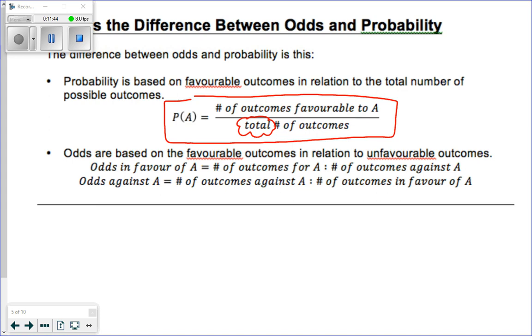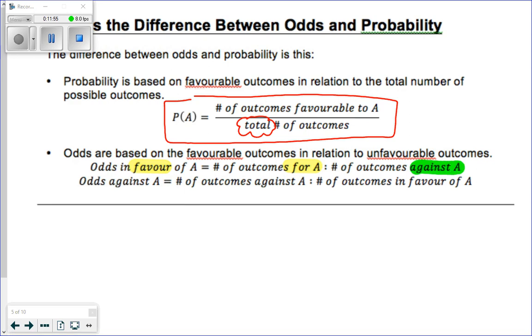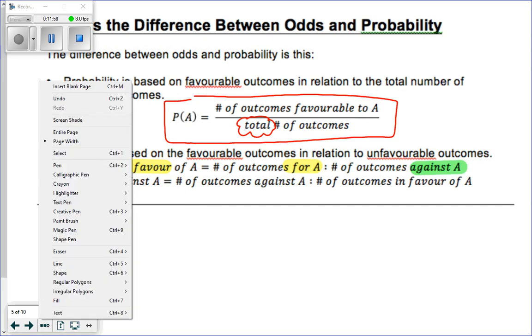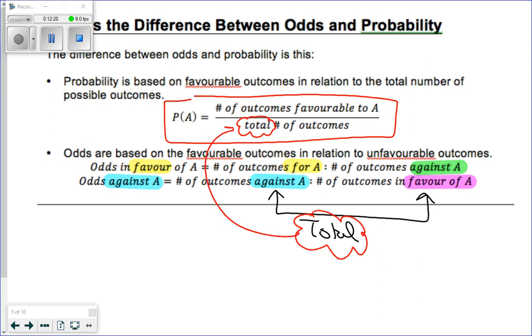Odds in favor is outcomes for A versus against A. Odds against A, the against A goes first, and the favor of A goes second. And if you added up those, you will get out the total, which is the same as that number for probability.